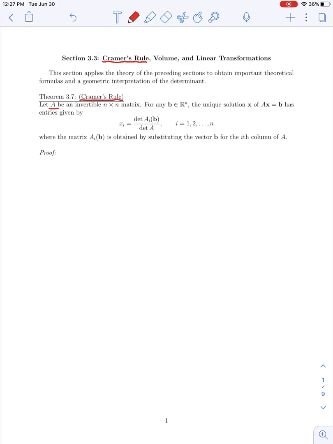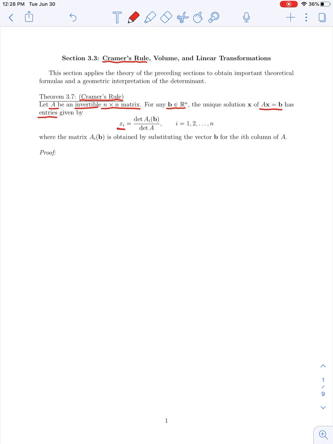If A is an invertible square matrix, so it has non-zero determinant, then for any vector b in Rn, the unique solution x of the matrix equation Ax equals b, which would be a representation of a system of linear equations, has entries which are defined as follows.